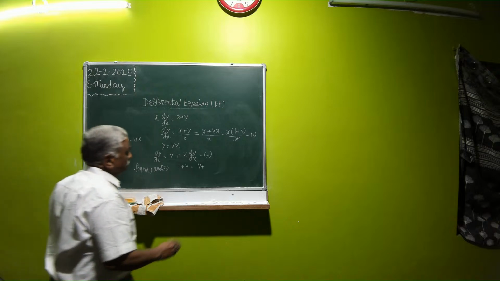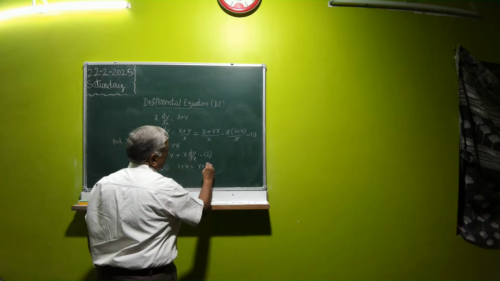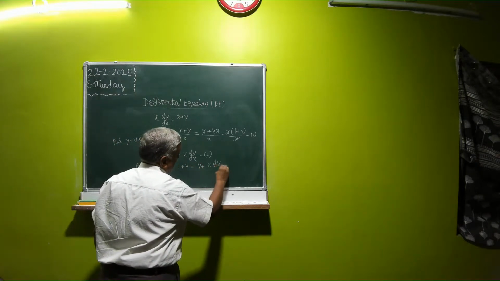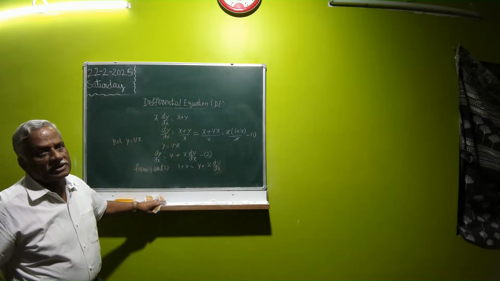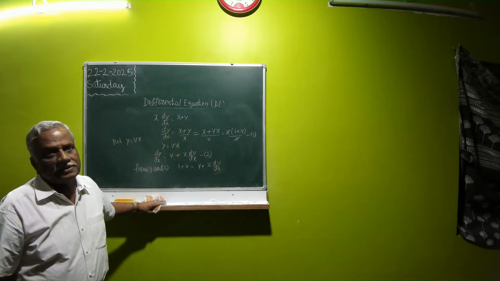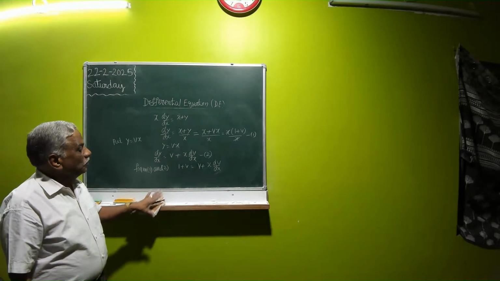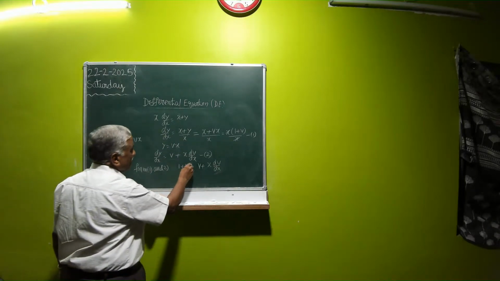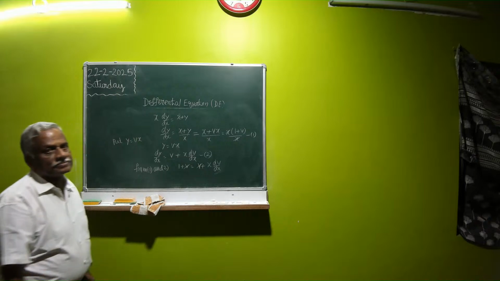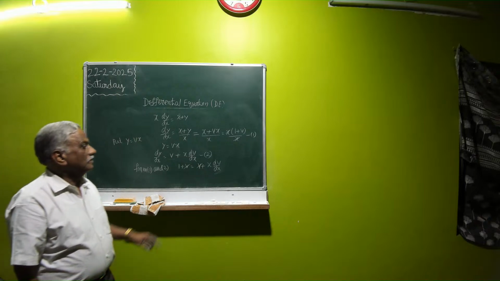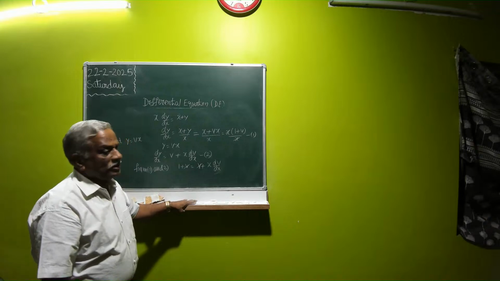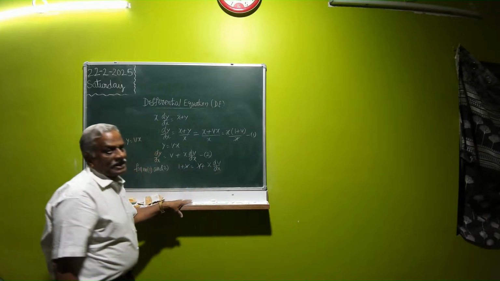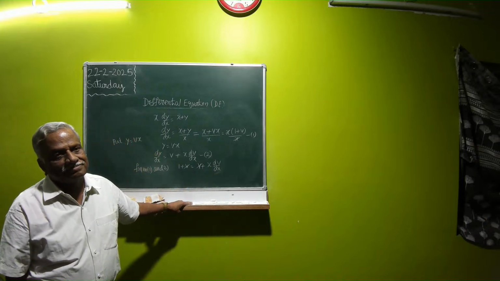So here dy by dx is v plus x dv by dx. Normally you get one problem in the public examination, it's not difficult. Now you should simplify. This v and v will cancel. So what we have got is 1 equals x into dv by dx.